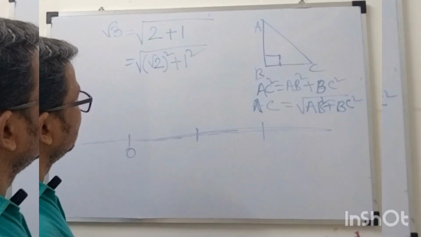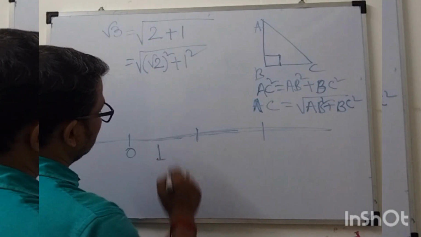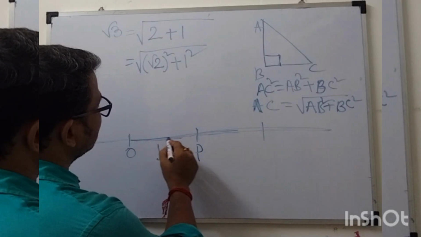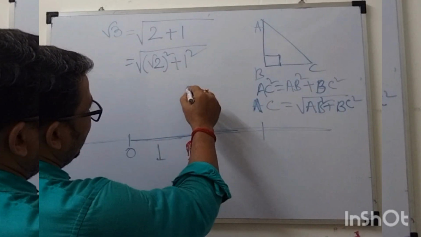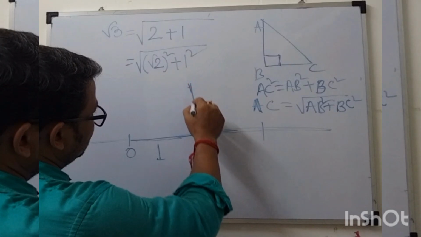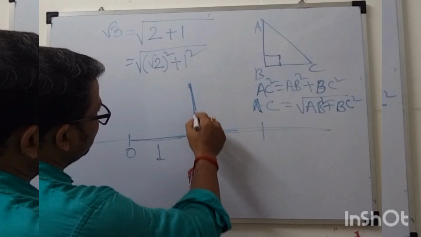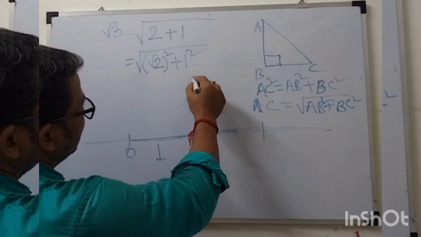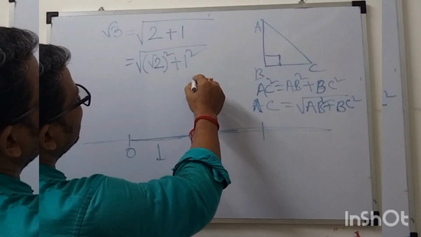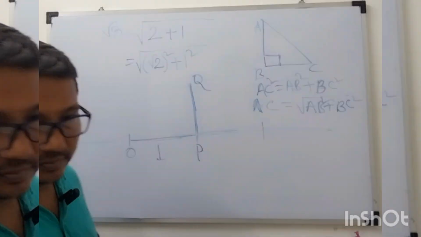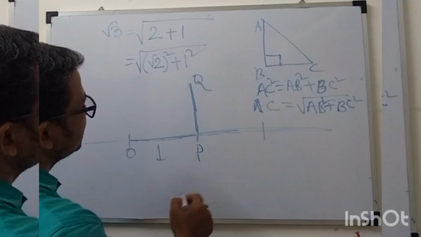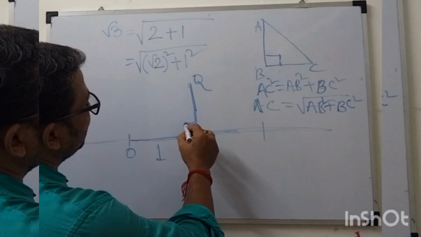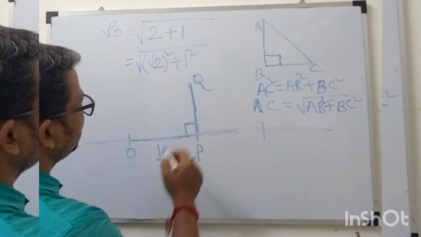Now first we have to construct the number root 2 on the number line. So we consider this segment of unit length, and also let us draw a perpendicular of unit length at the point P, and its name is Q. Here PQ is the perpendicular on OP and PQ is of unit length, and also OP is of unit length.